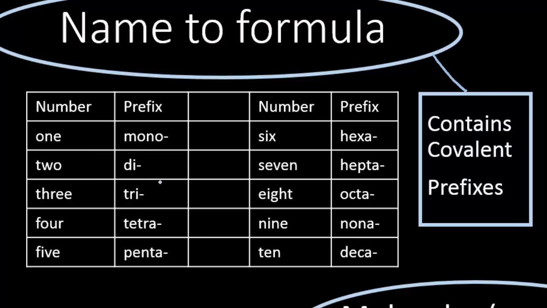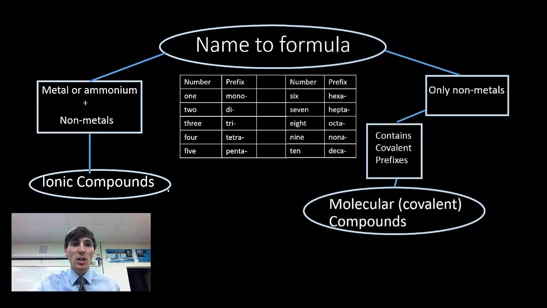So we're talking about how many atoms. If I have these covalent prefixes, mono, di, tetra, penta, etc., then you know we're talking about a molecular compound. The only exception is you may see some of these when we're talking about hydrates. It's the only exception.